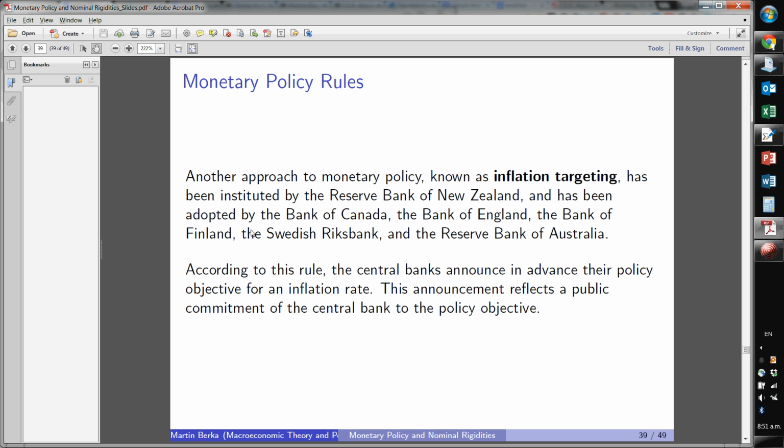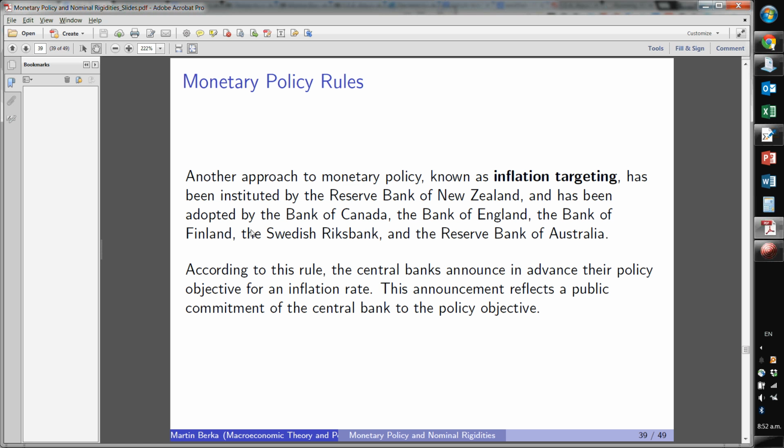Explicitly, the main ones are the Bank of Canada, Bank of England, the Swedish Riksbank, and the Reserve Bank of Australia, as well as other places. The Bank of Finland on the slide is a typo, since it doesn't set monetary policy anymore as part of the Eurozone. The European Central Bank does not explicitly follow inflation targeting, but they have a policy which says prices should be stable, so it's kind of similar.